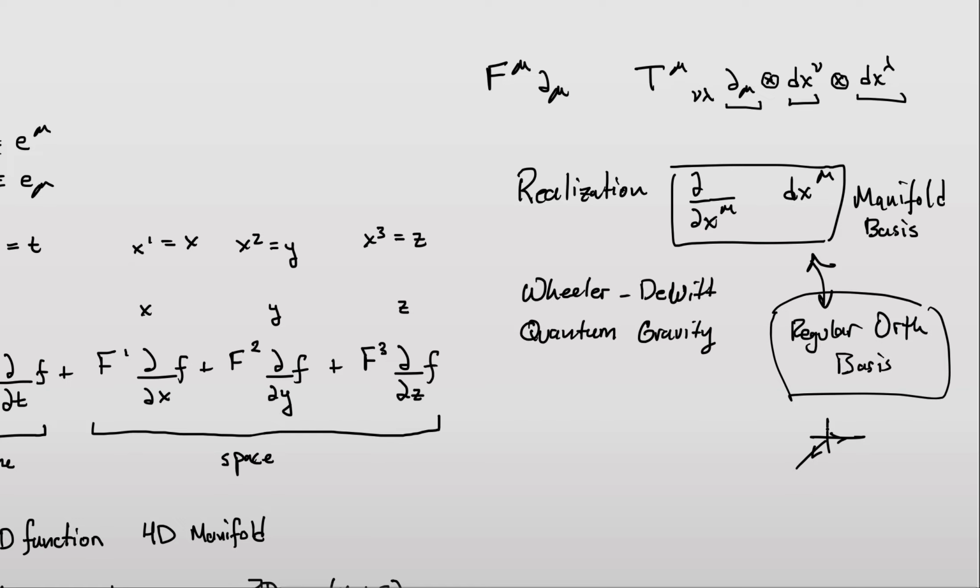They go along each direction. The connection between these guys are these little tetrads. These little tetrads, E mu A, in which the mu here is the manifold basis coordinate, and the A here is the orthogonal basis coordinates. Okay. And then the tetrad, so these are tetrads. And that's going to lead us to the spin connection.